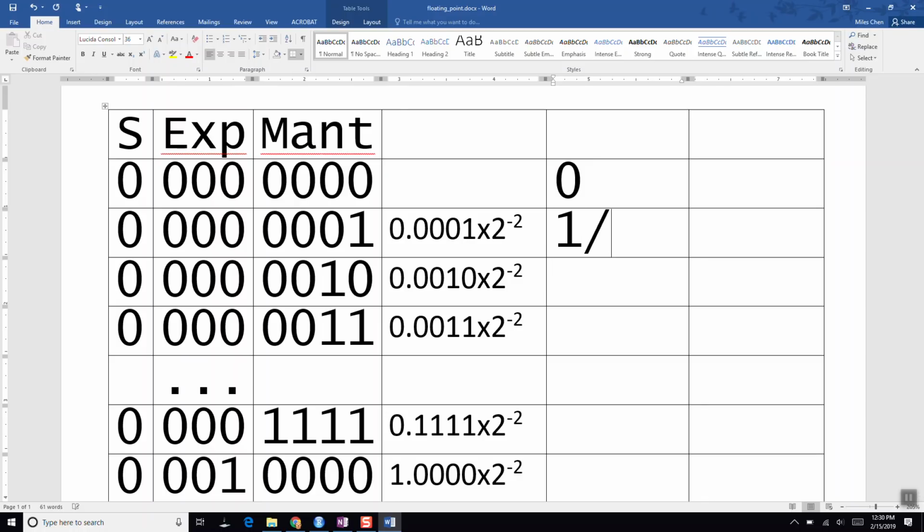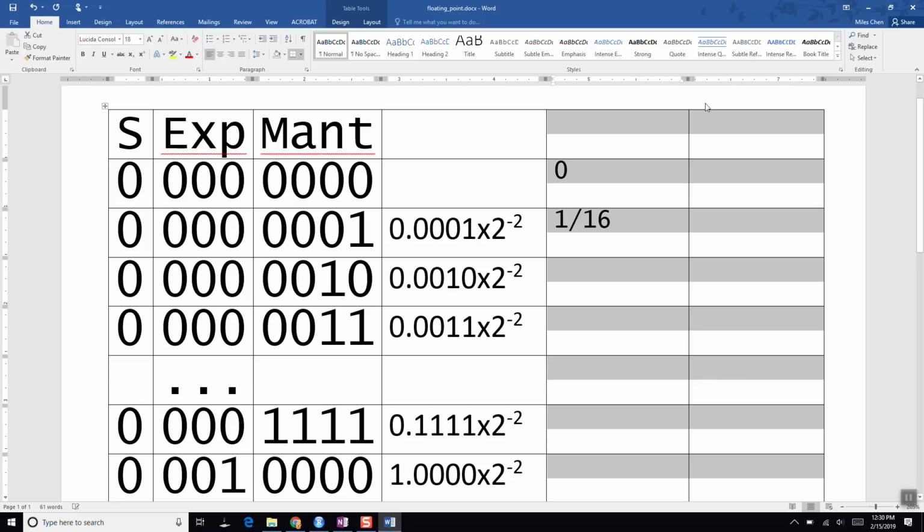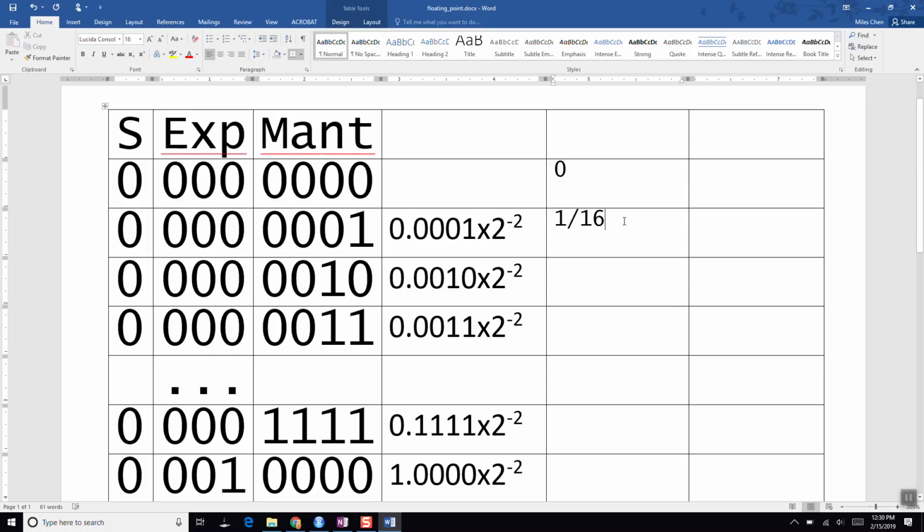So this becomes basically 1/16 times 1/4, and we get 1/64. Okay, and over here I have 1/8 times 1/4, and I get 2/64 or 1/32.